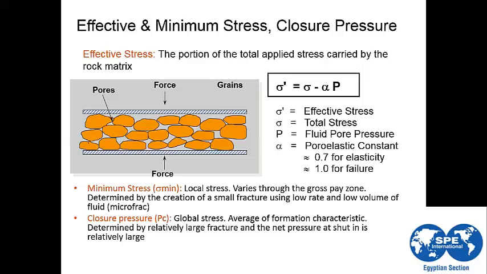salt and salt domes. A salt dome works like a viscous fluid. There is no fluid inside the salt dome itself, and the salt is carrying all the force.